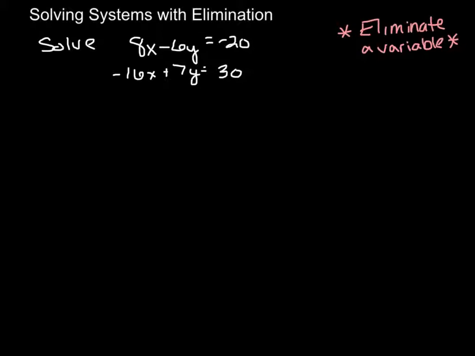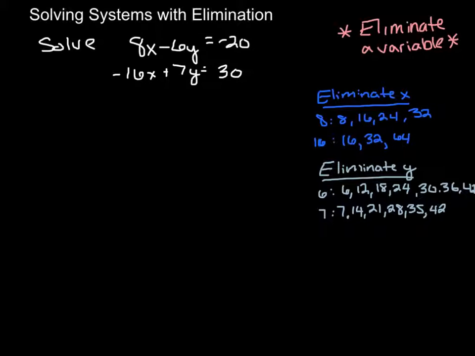So a good way to do that is to find the least common multiple of all these coefficients. So here we have the coefficients for the x. If we're trying to eliminate x, we want these coefficients to be opposite of each other. So I listed the common multiples between 8 and 16. Multiples of 8 are 8, 16, 24, 32.